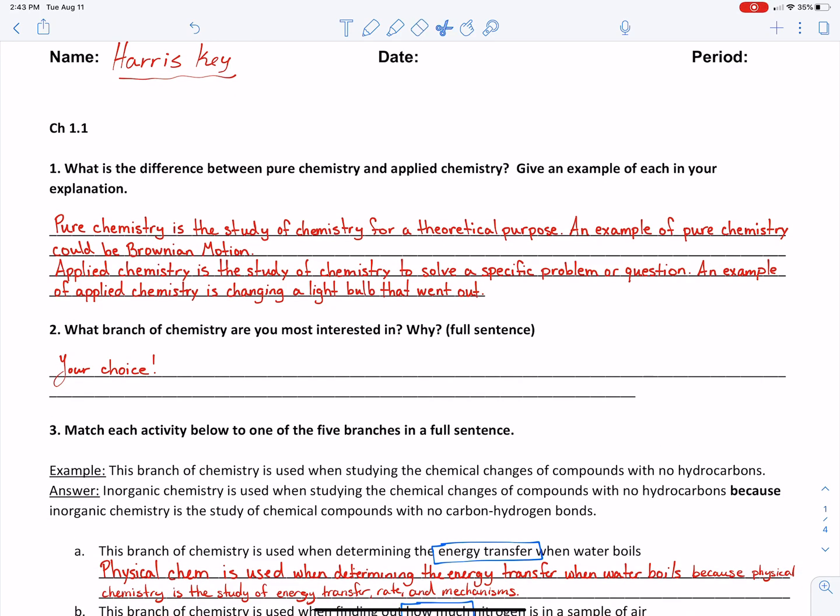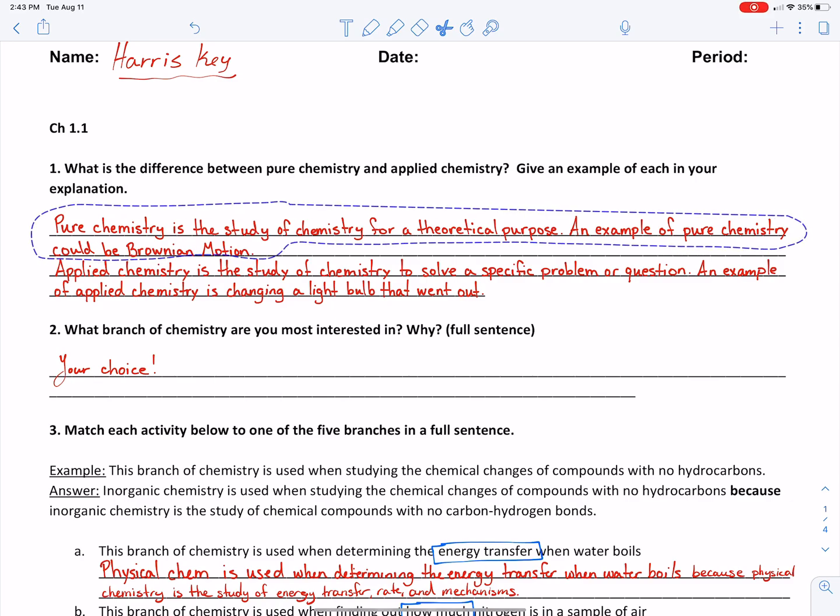First thing we're looking over, I'm just going to go through a brief run through of this, and really I want to get to the math stuff, so I'm going to go through this part pretty quick because this is all in your notes. All right, the difference between pure and applied chemistry. We said that pure chemistry, I told you in my notes that it was chemistry for its own sake. Another way you can say it is pure chemistry is the study of chemistry for a theoretical purpose.